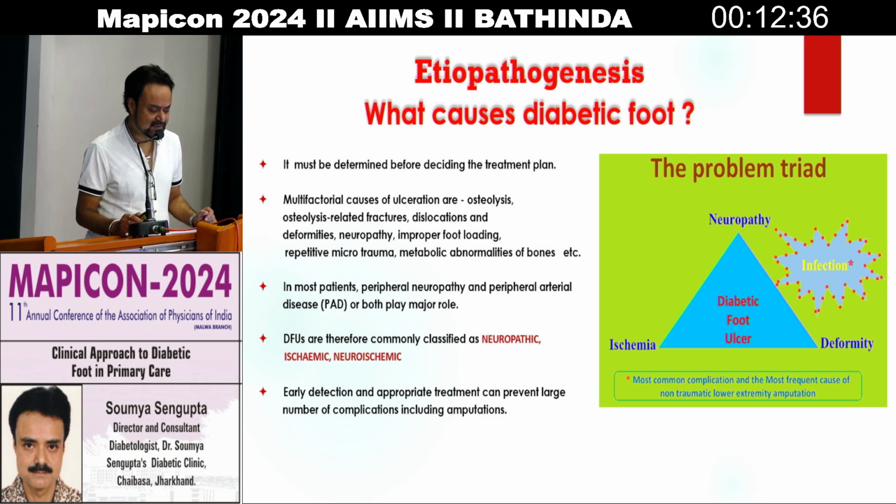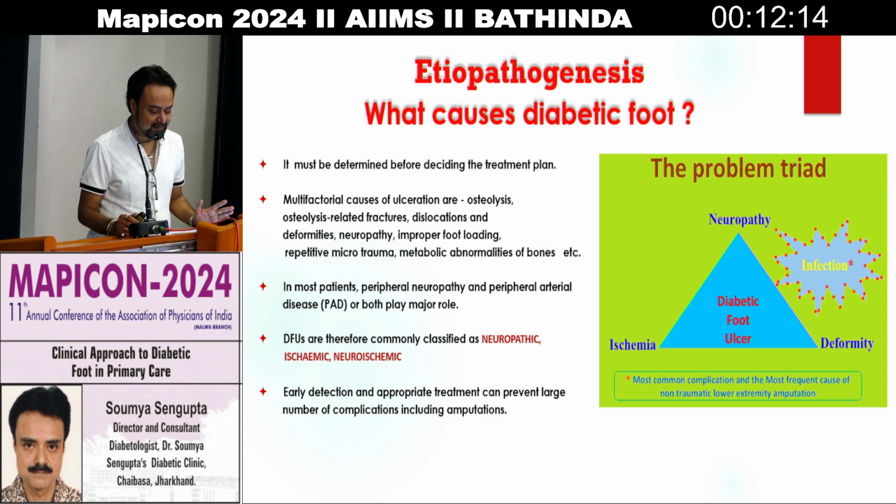Regarding etiopathogenesis, it must be determined before deciding the treatment plan. Multifactorial causes of ulcerations like osteolysis related fractures, dislocation, deformities, repetitive trauma, improper foot loading, microtrauma, metabolic abnormalities of the bone, etc. all lead to diabetic foot.